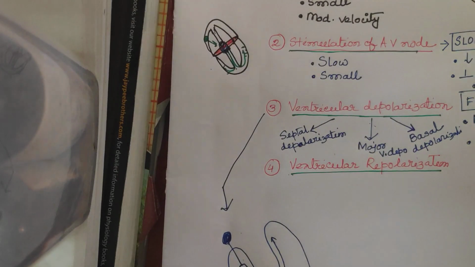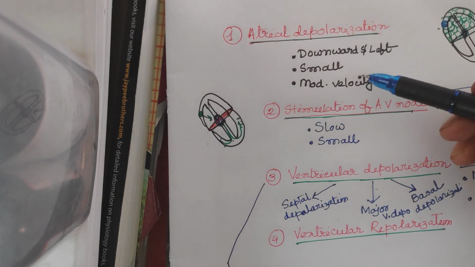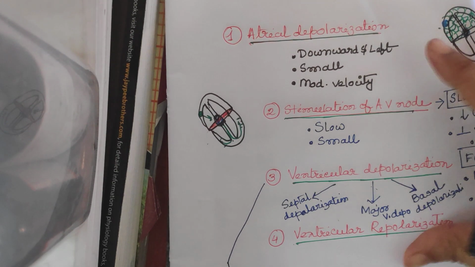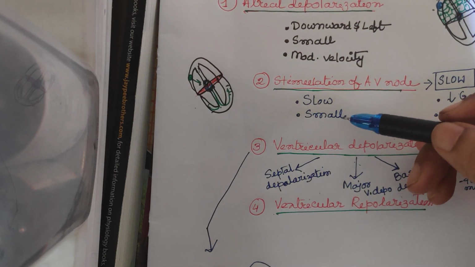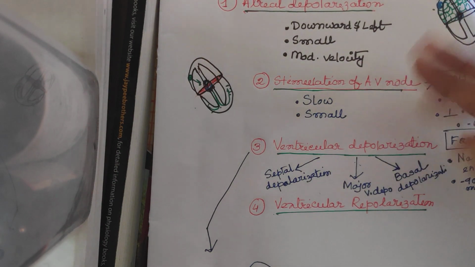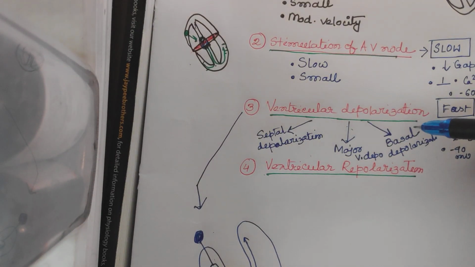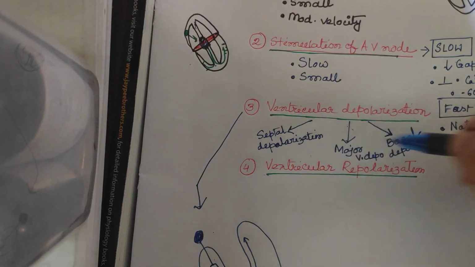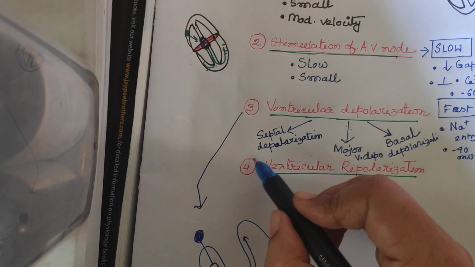So we can say that the first electrical activity in a cardiac cycle is atrial depolarization. Its vector is downward and to the left. It is small and of moderate velocity. AV nodal stimulation, when it is happening, the electrical vector is small and slow. And when we are considering ventricular depolarization, we have to divide it into three sets.